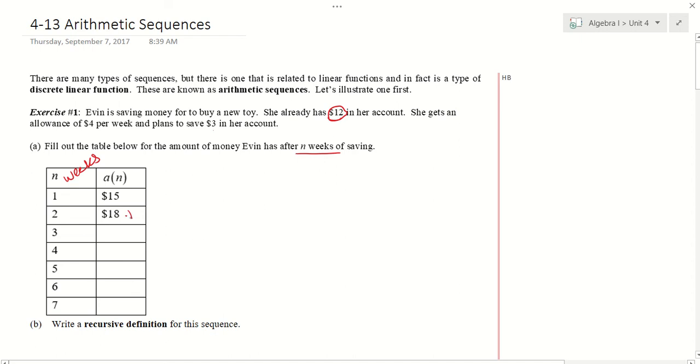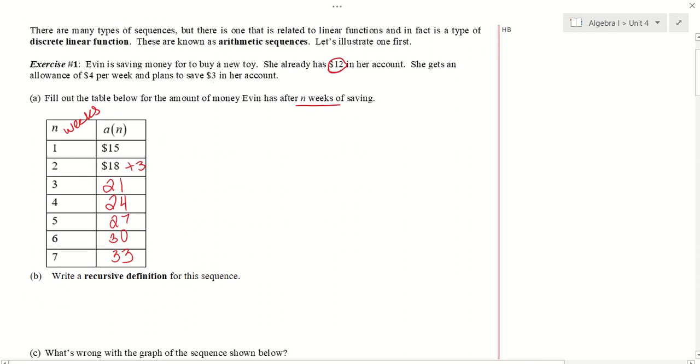Well, we would just add 3, that would be 21. Okay, fill out the rest of the table real quick. So you would have 24, 27, 30, 33.